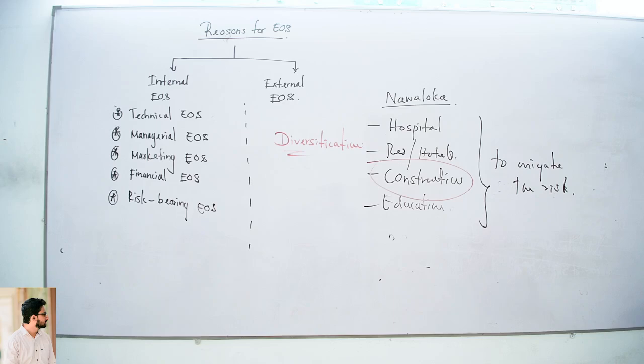They have diversified their portfolio. So what I need to say is, if organizations go into a diversification strategy, they can survive whatever happens, maybe foreign currency depreciation or economic recession.